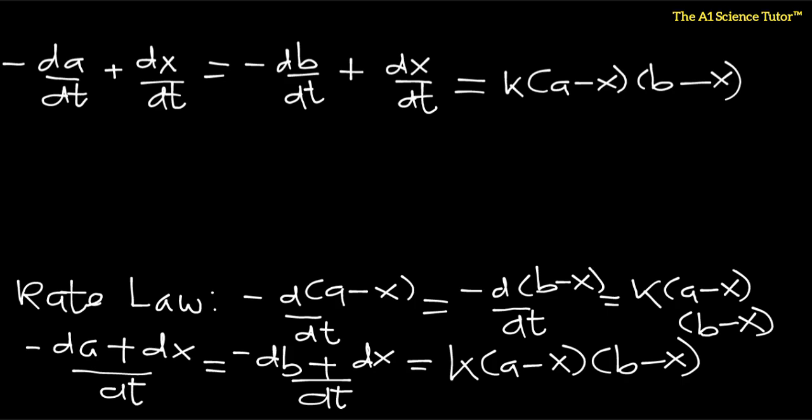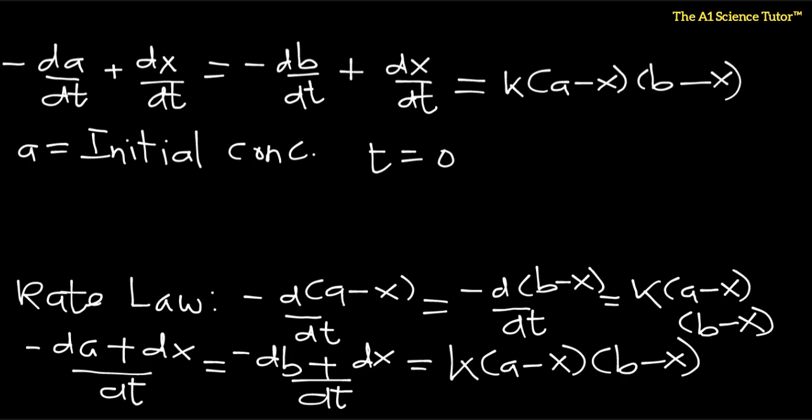Now, you need to know something. We said that A was the initial concentration of the reactant A, right? And we said it was the initial concentration because time was equal to 0. Now, if time is equal to 0, that means there was no time spent, right? And if no time was spent, then A did not change, right?